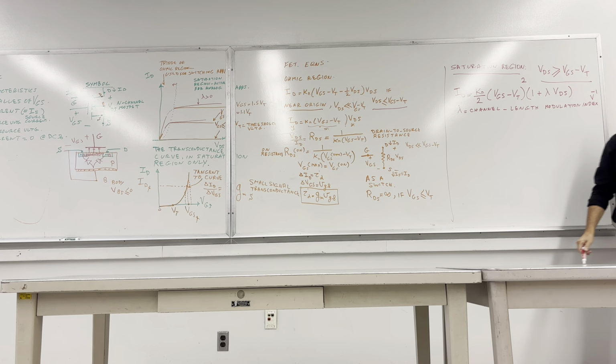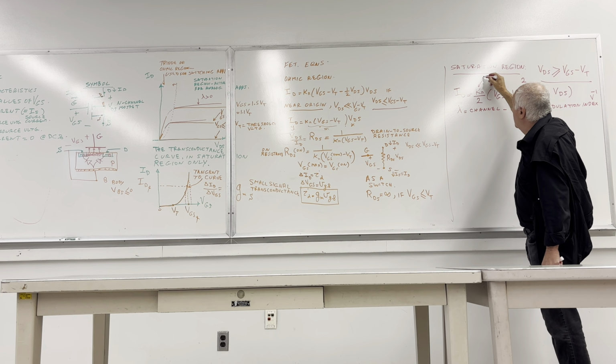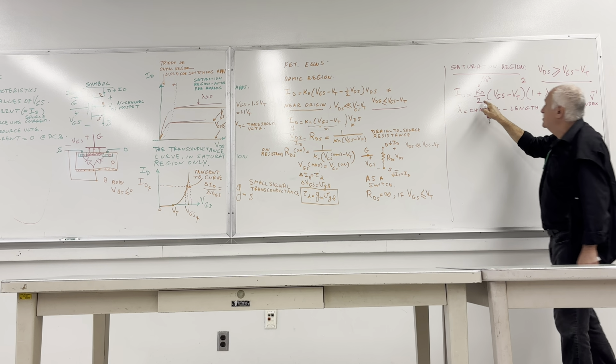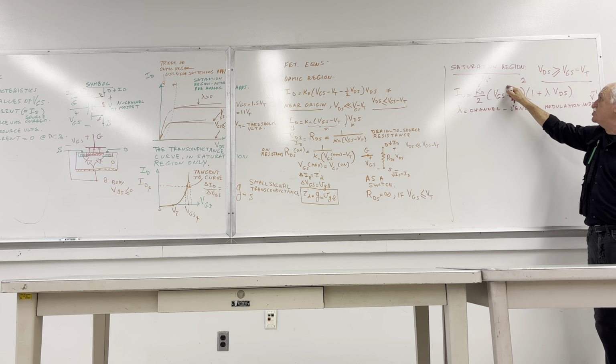It has to be reciprocal of volt, because look at that, this whole parenthesis is unitless. Because Kn is amperes per volt squared, this is the unit of Kn. This is volt minus volt, which is a volt. This is a volt squared.